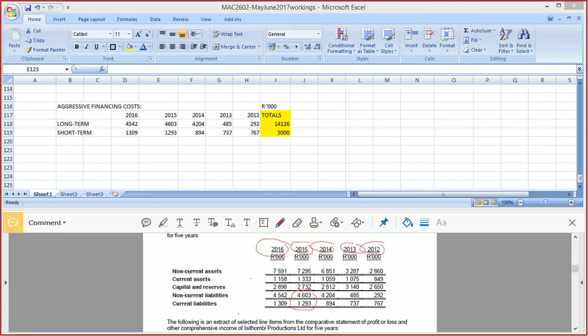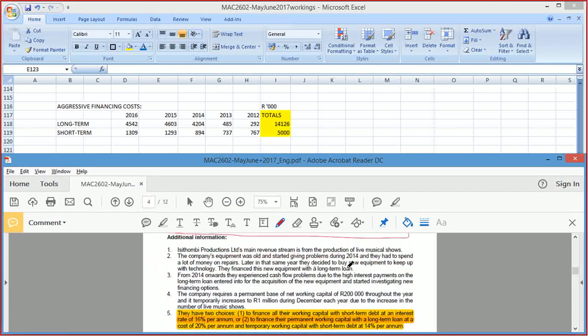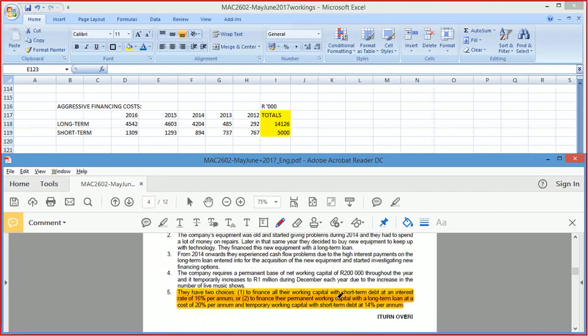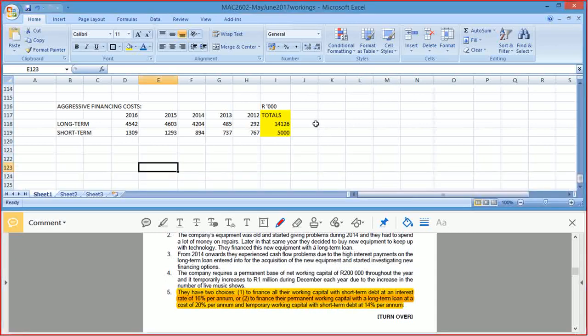Okay, so if I'm looking at aggressive financing, I'm obviously going to use, what was the rates? Here it is. Number 2, to finance the permanent working capital with long term at a cost of 20% and the temporary working capital with short term at 14%. There we go.